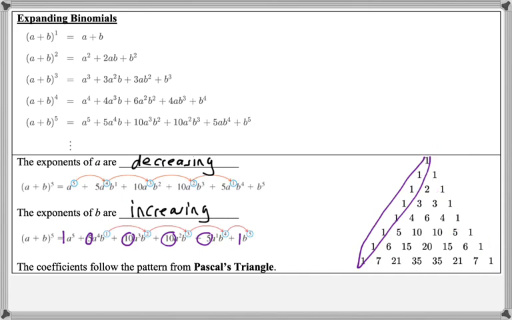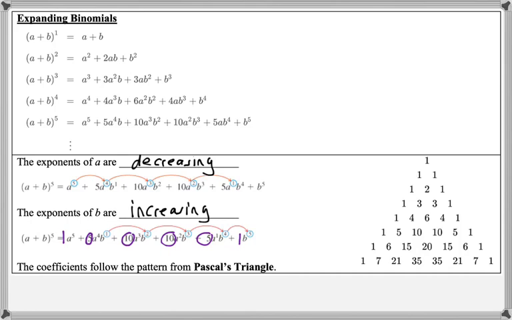And to get from row to row, you want to add the entries that are next to each other. So 1 plus 3 is 4, 3 plus 3 is 6, 3 plus 1 is 4. 1 and 4 are 5, 4 and 6 are 10, and so on.